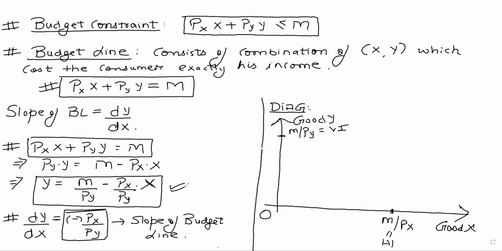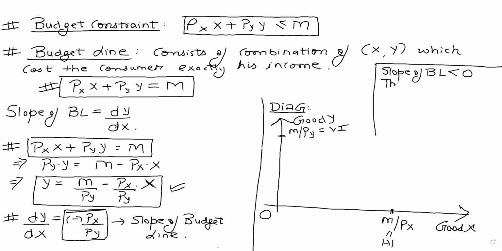Now some observations. So let's look at some observations. Let me work it out here, guys. You can clearly see that slope of the budget line is negative. Because it's minus Px by Py, it's negative.